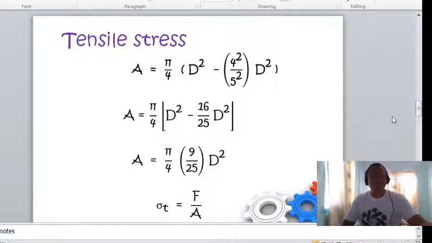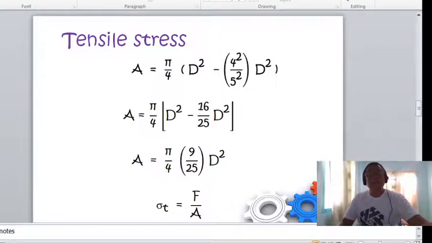Next, substituting pi over 4 multiplied by the value of the small diameter, which is 4 over 5 squared D square, and combining the value of D, that is D square minus 16 over 25 D square, getting the common denominator of 25, 25D minus 16D is 9D square over 25 multiplied by pi over 4.